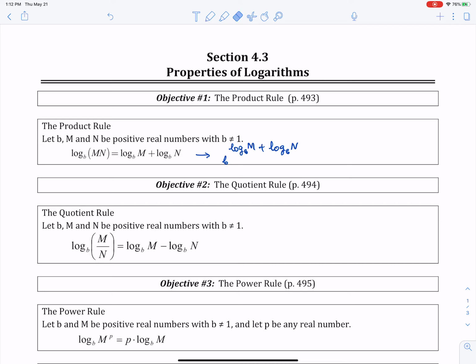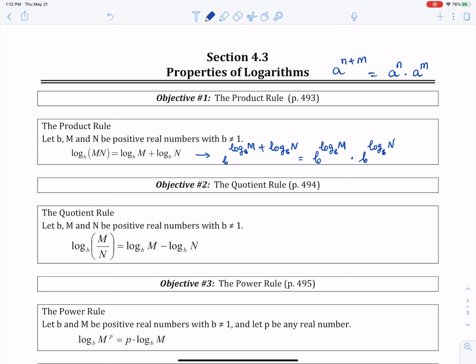Well, to power a number by a sum of numbers is the same as to go a power by the first number times a power by the second number. Based on this property, this is the same as b powered by logarithm base b of m times b powered by logarithm base b of n.